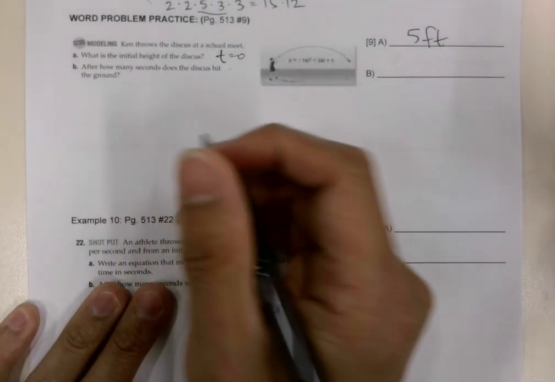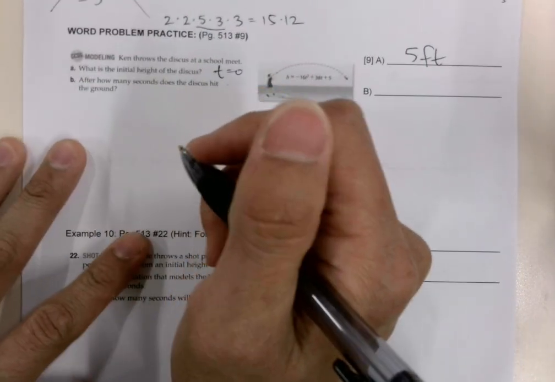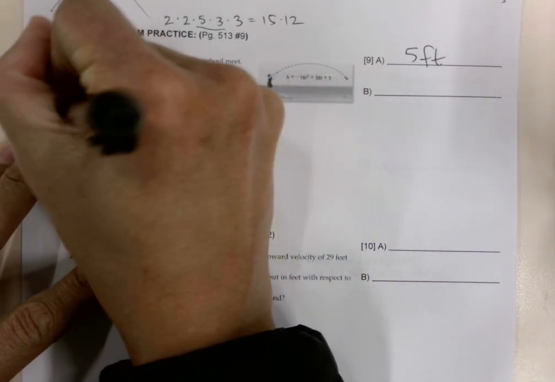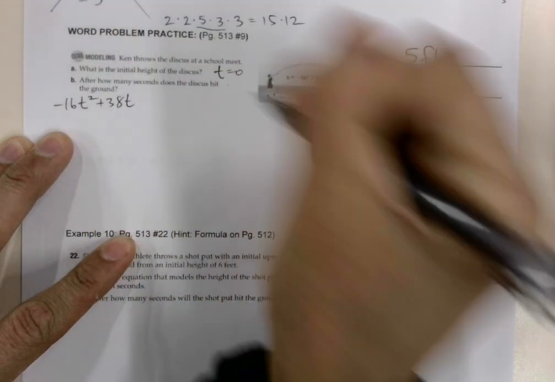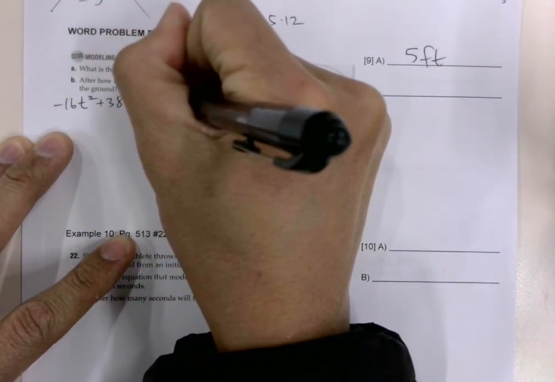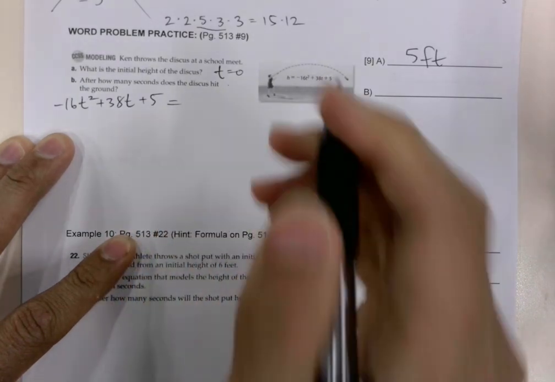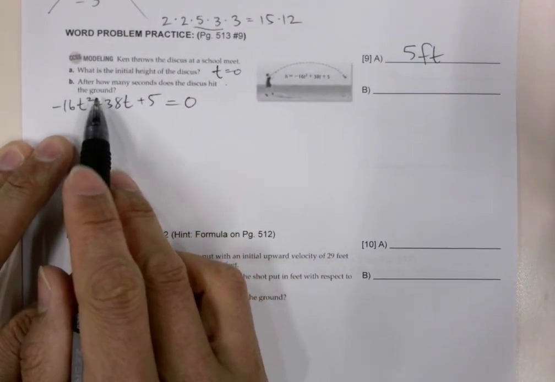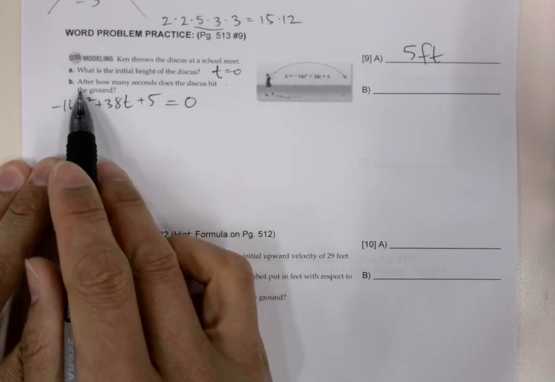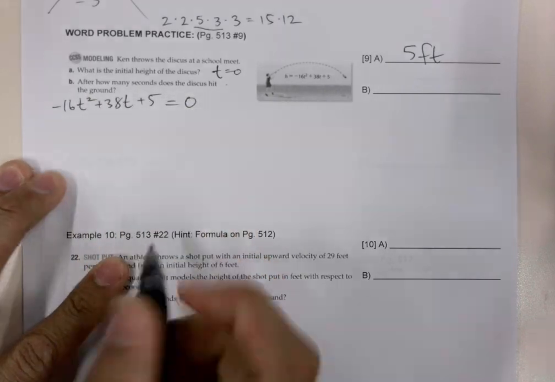Right. So let's go ahead and rewrite the trinomial as negative 16t squared plus 38t plus 5 is equal to height, but here instead of height I'm going to put 0 because that's what the question is asking. After how many seconds does the discus hit the ground? That's when height is equal to 0.